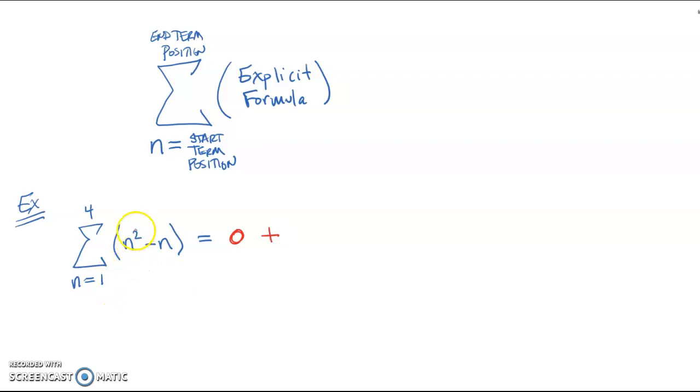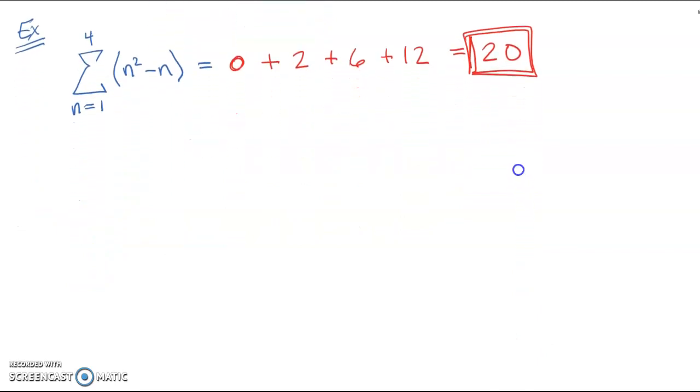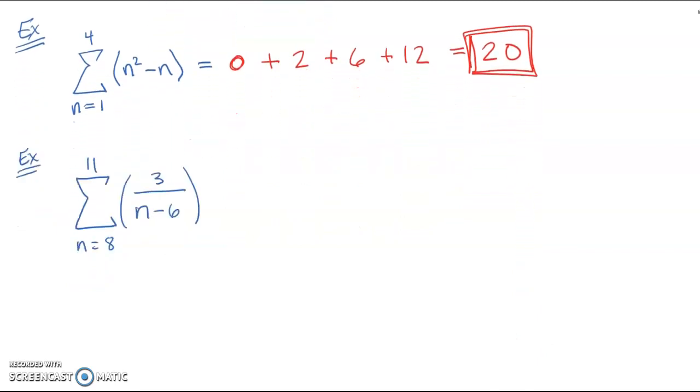Plus 2 squared minus 2, that's 2. 3 squared minus 3, that's 6. And 4 squared minus 4, that's 12. Add it all up, and I get a number. That's the important thing, that if these expressions have numbers to plug in, your answer will be a number.